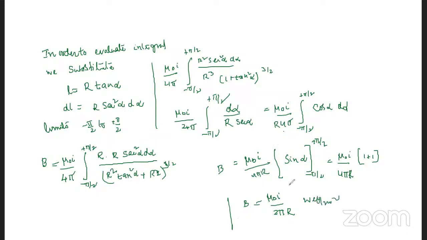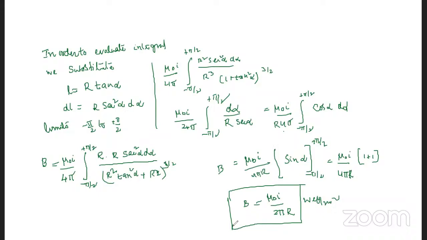This is nothing but the magnetic field due to a long straight conductor carrying a current I. So this is the expression for the magnetic induction near a long straight conductor, and you can calculate the lines of magnetic induction around the straight conductor from this same expression.